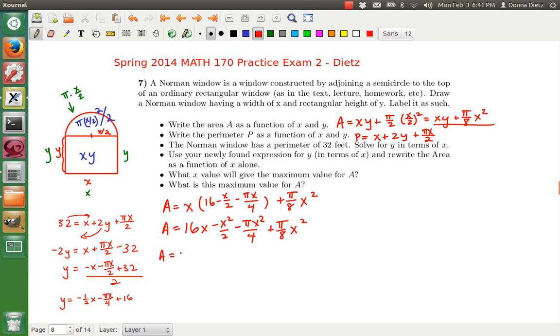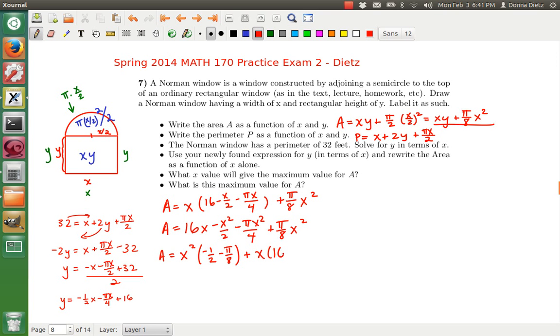So let's collect up the x squared terms. We have 3 of them. Some of them have pi's in them, some of them don't. Here's an x squared with a minus 1/2. Then we have pi over 8 and minus pi over 4, and together that will give us a negative pi over 8. Or you could write it out slowly. And we still have the 16x.